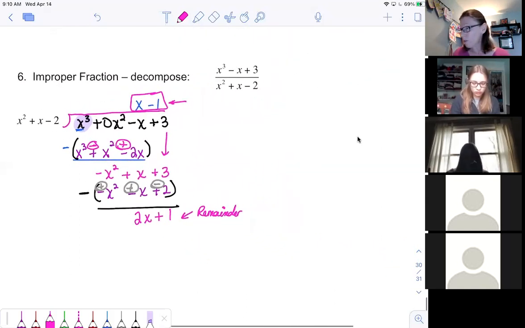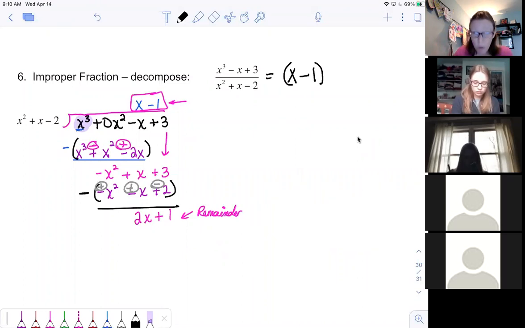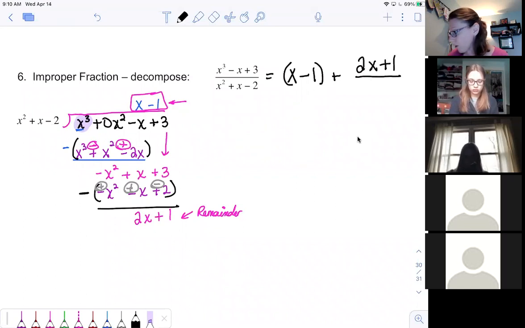So our new fraction, after you have division, becomes x minus 1, and that quantity was pulled out or technically factored out using long division. The new fraction is your remainder over what we divided with, our divisor, x squared plus x minus 2.